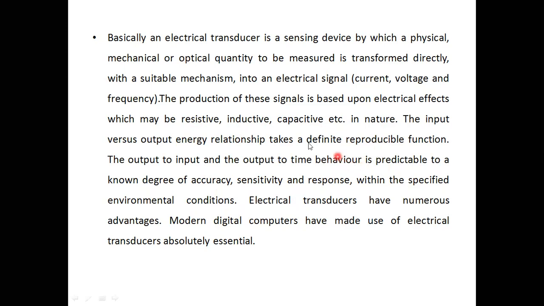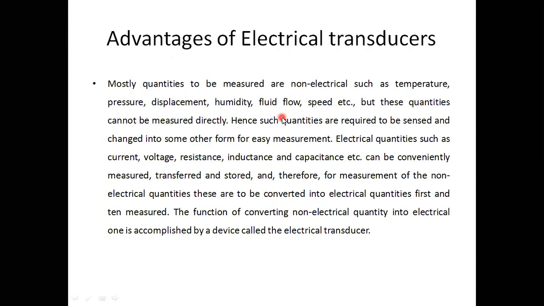All the industrial parameters can be measured by these principles by using electrical transducers. So there are a lot of advantages if I use electrical transducers rather than mechanical transducers.